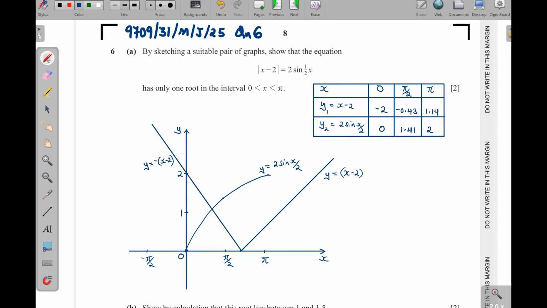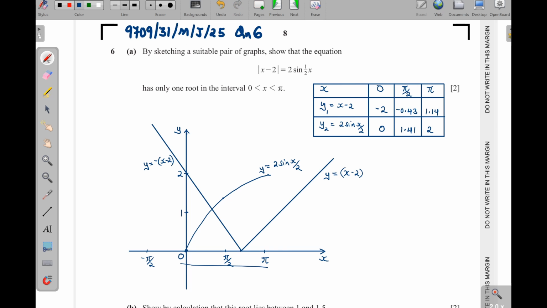You know, when you reflect a point in the x-axis, x remains the same, but y changes the sign. So here it's a negative, but then here it's a positive, so y changes the sign. So that's why you are seeing that we are having the negative of a function. So that is going to be our graph.